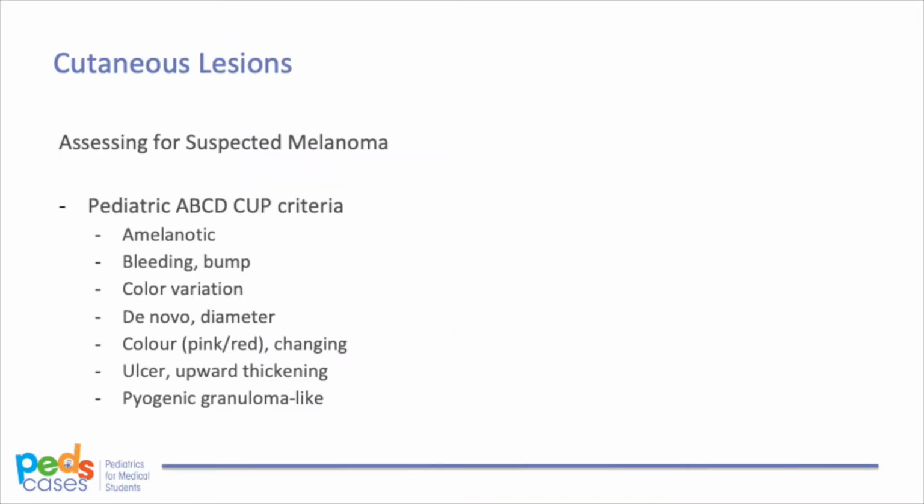In terms of assessment tools, we have the conventional ABCDE criteria, which stands for asymmetry, border irregularity, color variegation, larger diameter over 6 mm, and evolving lesions.